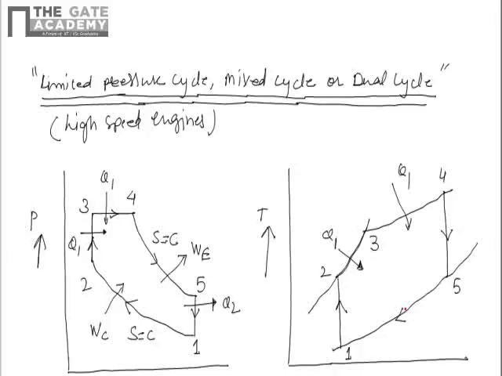So this one is a typical representation for the dual cycle on the TS diagram.